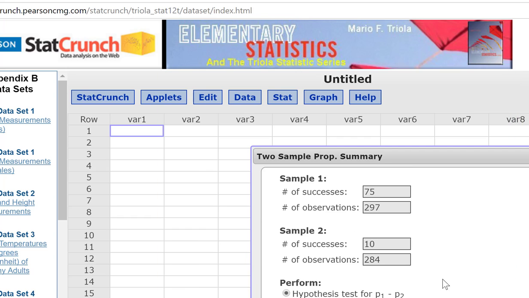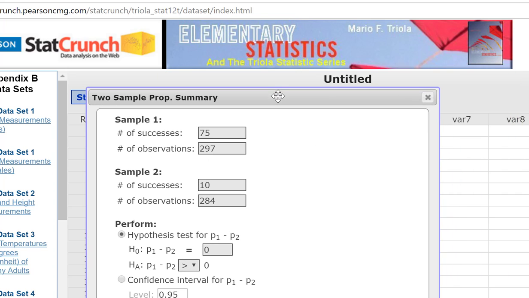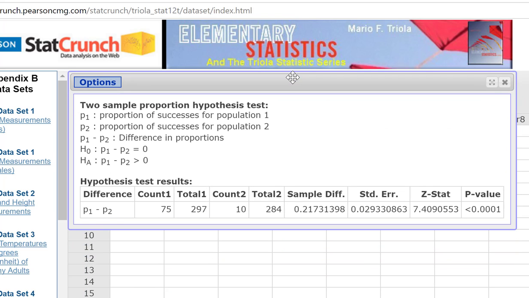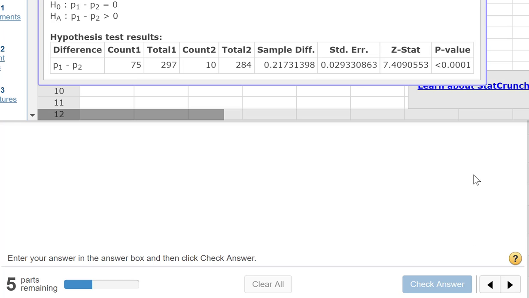And then click Compute. And here we go. Let's see what it asks for. The test statistic is 7.4, around two places, so 7.41.